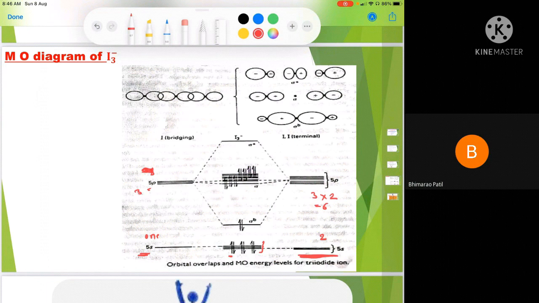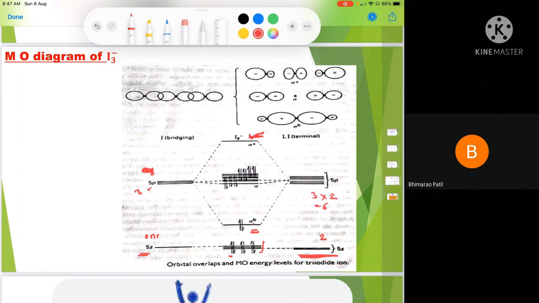Then you see one of the 5p atomic orbitals from the terminal iodine atom combines with one of the 5p atomic orbitals of the bridging iodine atom to form two molecular orbitals. One is the bonding molecular orbital and the other is the anti-bonding molecular orbital, that is, sigma and sigma star.